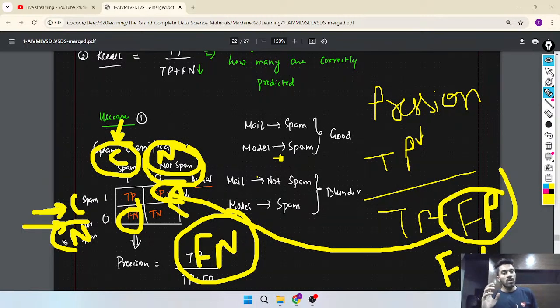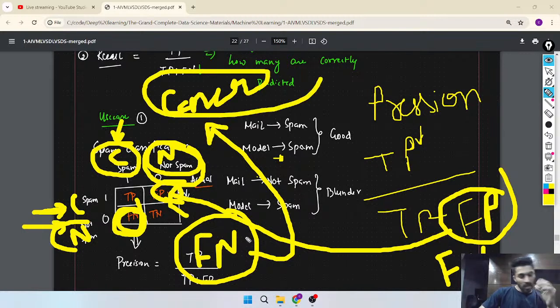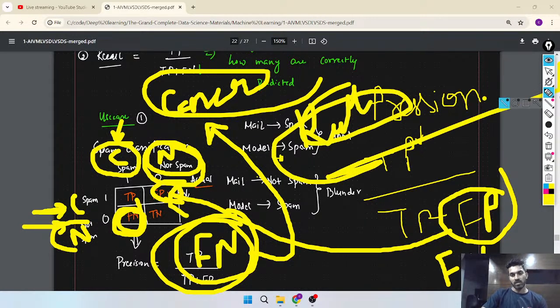But after two or three years this will be a big headache, because the cancer will have gone to the third stage and you can't do anything. This is the biggest problem. So false negative is important when you are doing cancer detection, and that's why you have to calculate the recall in cancer detection.